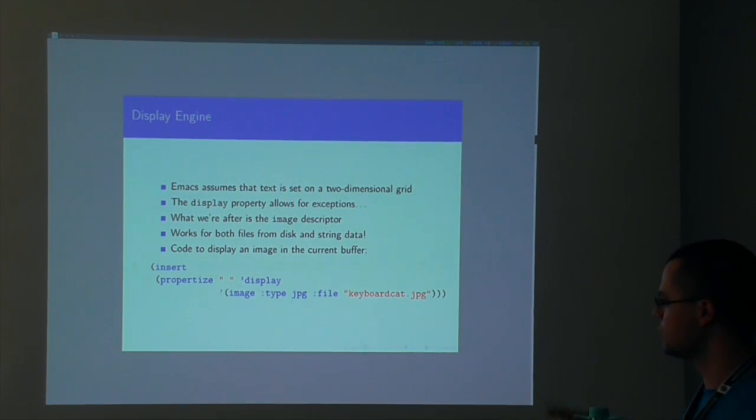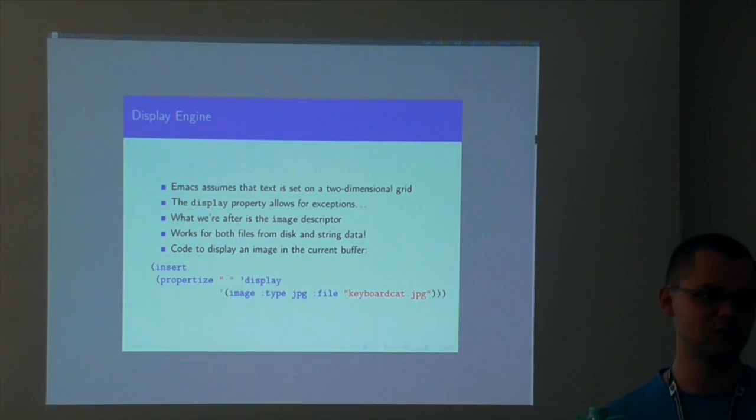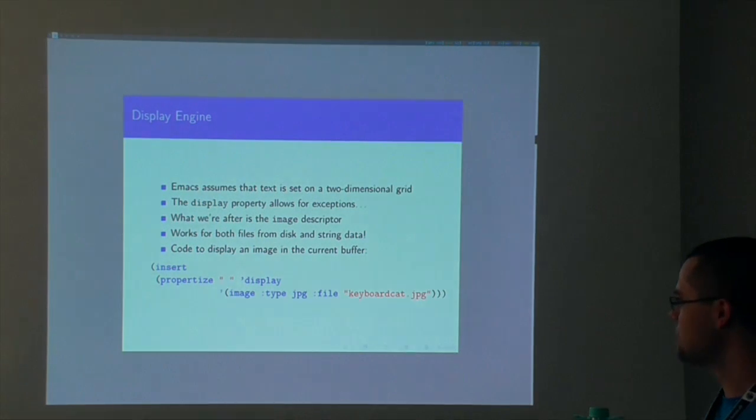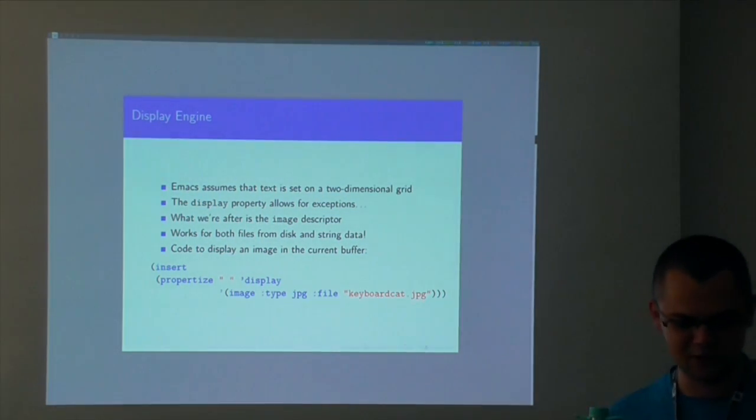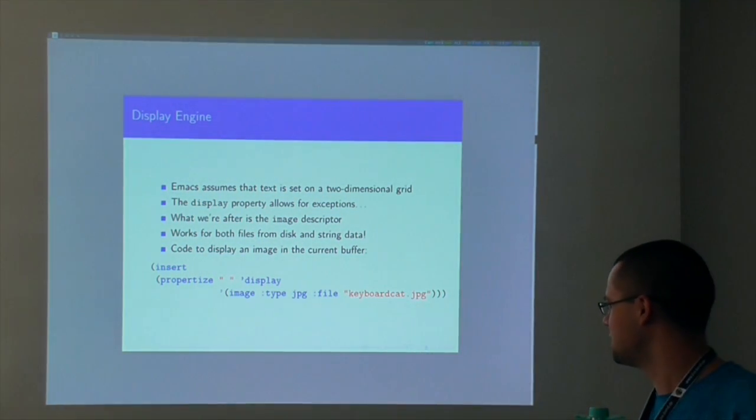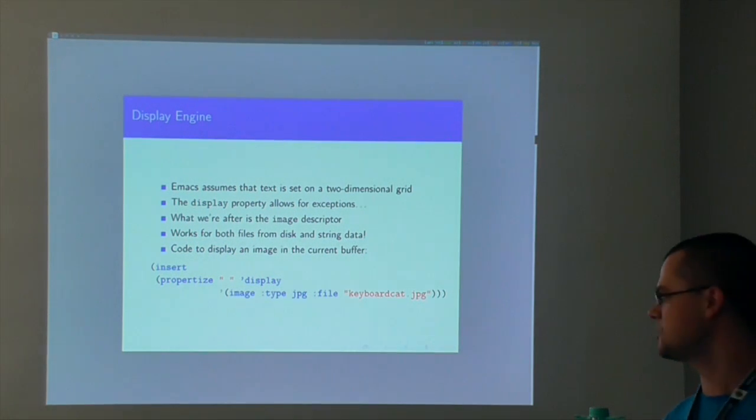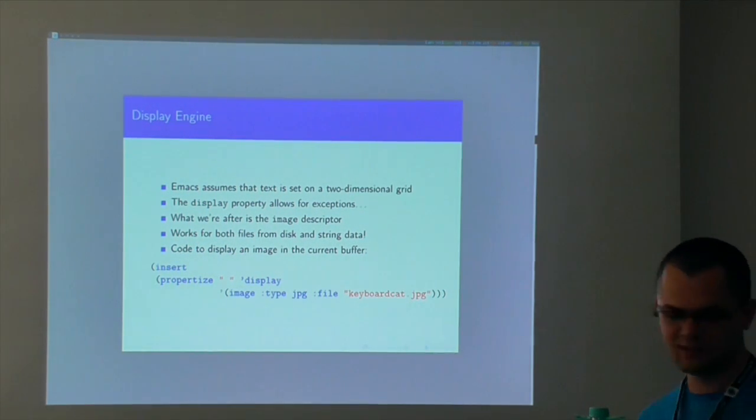And for that we'd use a special list, starting with image and getting a few arguments, like that it's got a JPEG file type, and that it's loaded from a file known as keyboardcat.jpg. And if everything goes right, you'd have keyboardcat inserted in your current buffer. So that's the most basic part of all the magic we're going to see, inserting the propertized text associated with an image.